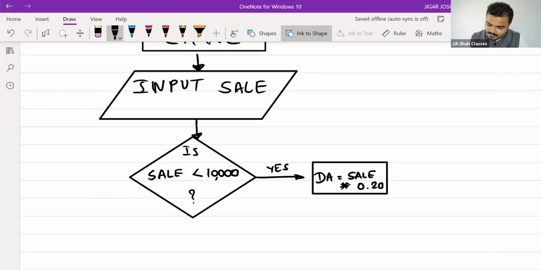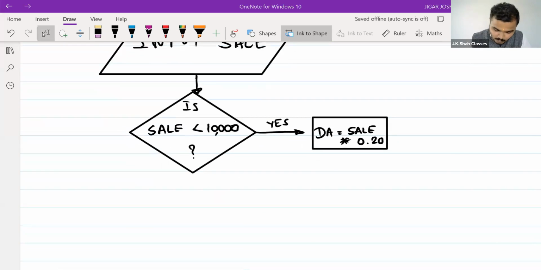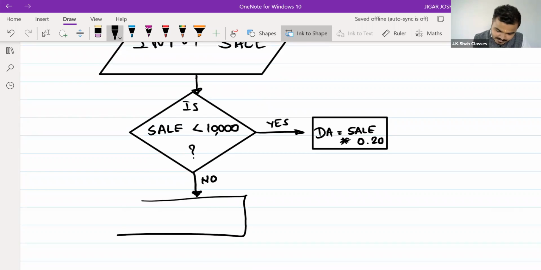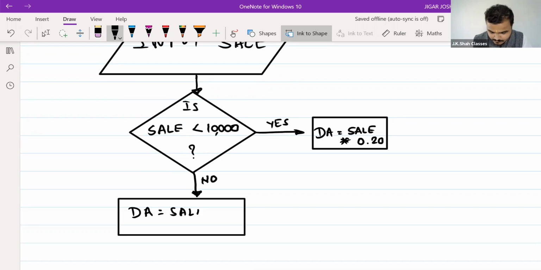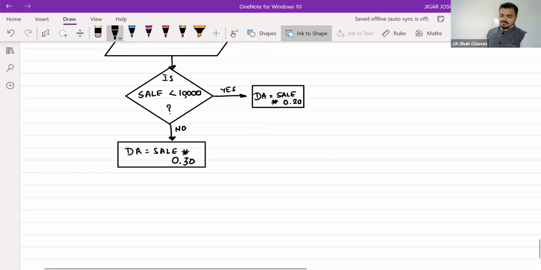And if no, then the bill is automatically 10,000 or above. In that case, our discount amount is equal to sale amount multiplied by 0.30. Understood, my dear students?